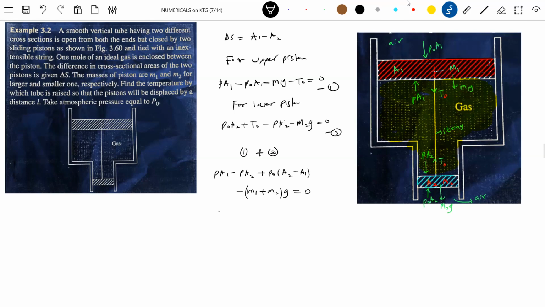A1 is greater than A2, so this is delta S, P delta S. Let me write delta M for our convenience. So this equals P0 delta S plus delta M g.